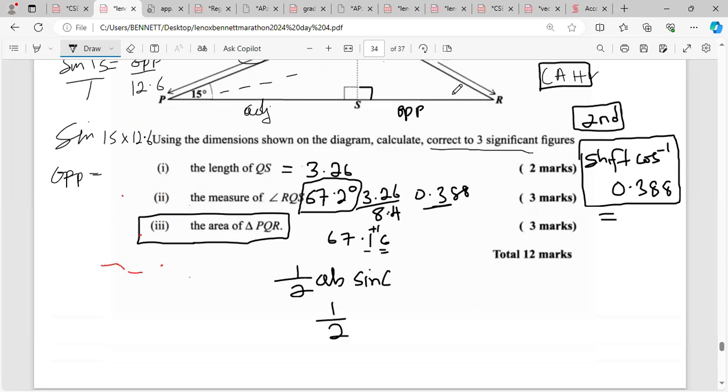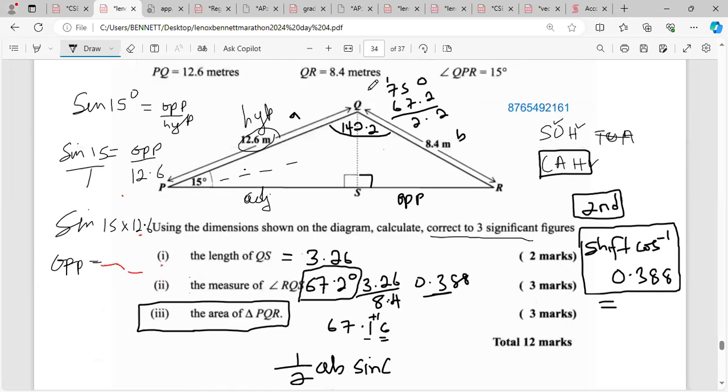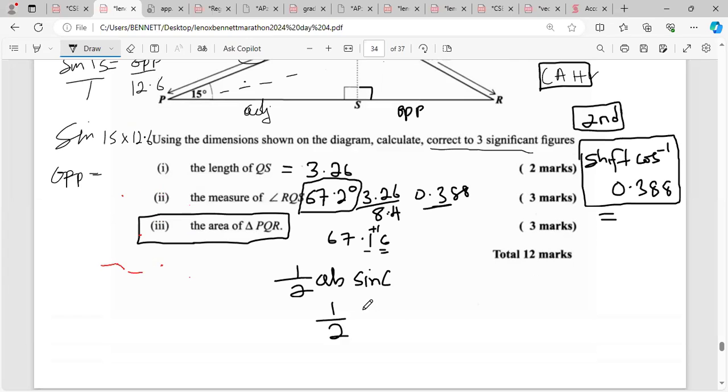We can name any side A or B, right? So this was given as 12.6 and 8.4. So just punch that in the calculator: half times 12.6 times 8.4, and then sin of the angle, which is 142.